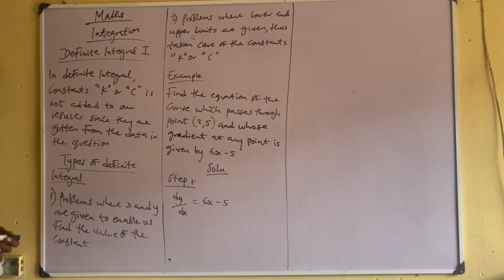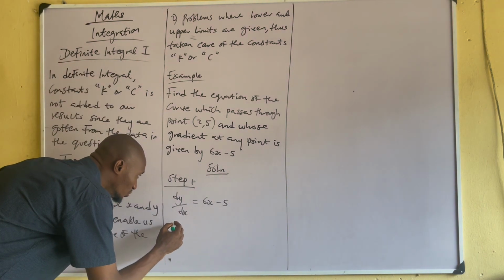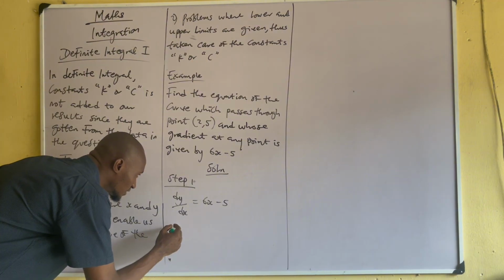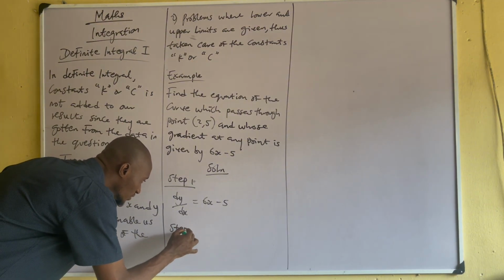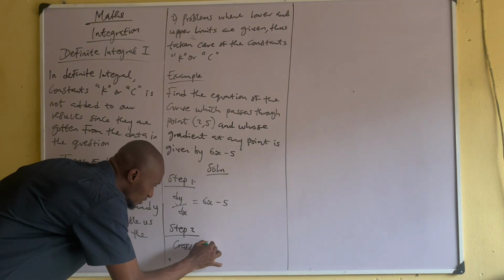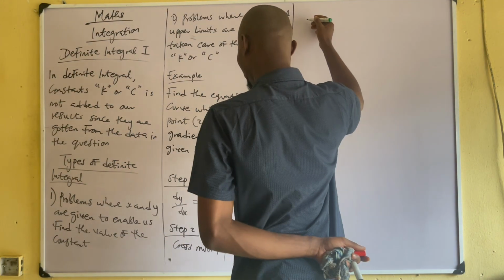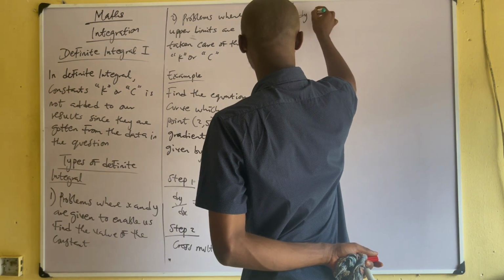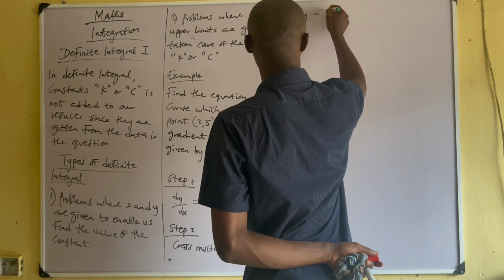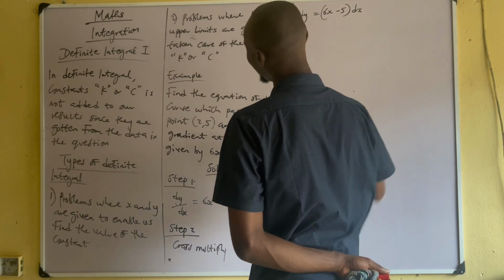Step 2: you cross multiply. When you do that, it will be dy is equal to (6x minus 5) dx.